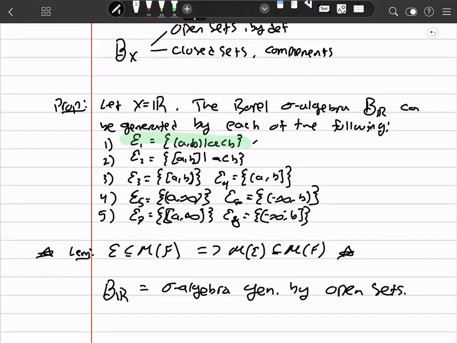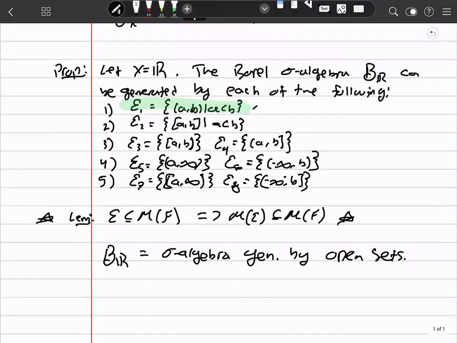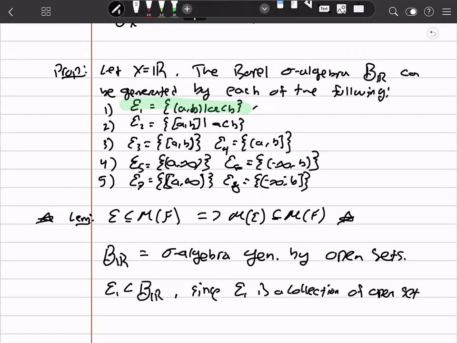So what do we know? Well, we know that E1 is contained in BR, since E1 is a collection of open sets, and BR is generated by all open sets.